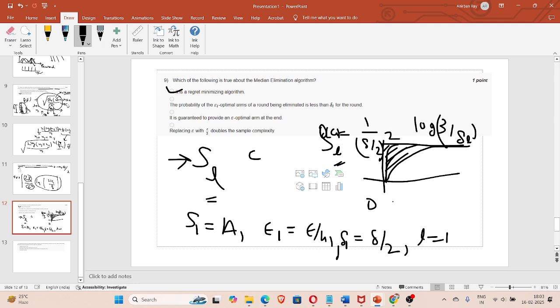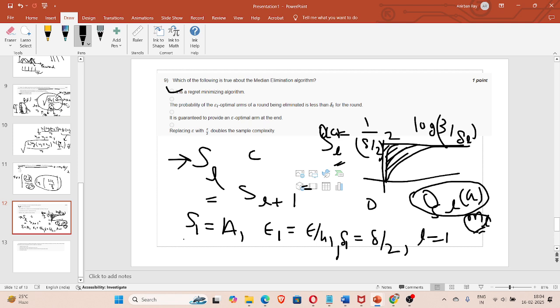So next we find the median value of the Q_L(A), represented by M_L. Now, when we are updating S_L to get to S_{L+1}, which is the repository of all the arms that we need for the next step, for any arm, if this Q value is less than M_L, then we take it to S_{L+1}.